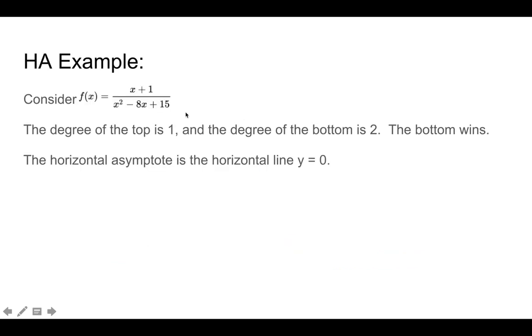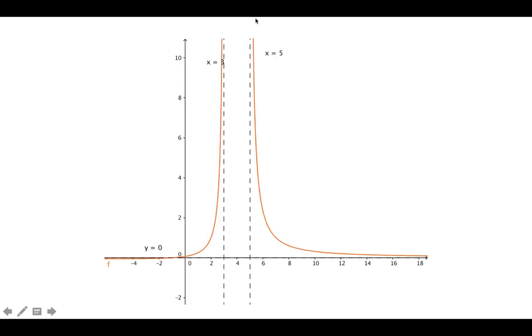Let's look at this guy again. If we wanted to find the vertical asymptotes, we already did for something like this, set the bottom equal to 0, we'll get x equals 3 and x equals 5. That's why we have these vertical asymptotes here. There is some graph in between here, it's just off the screen right now.